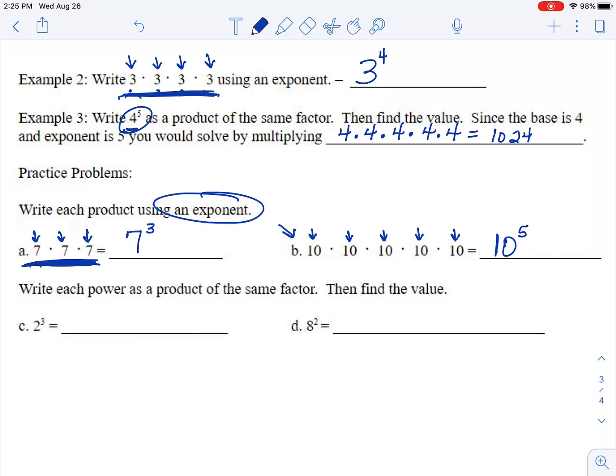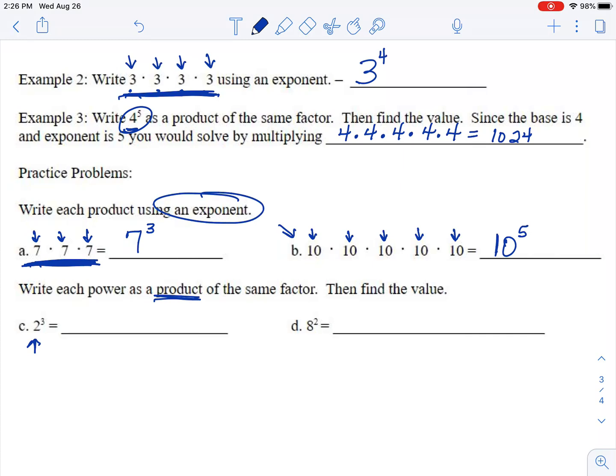All right, let's look at C and D down here. Write each power as a product of the same factor, then find the value. So it wants us to write it out. Product means to multiply. It wants us to write it out as a multiplication problem. So this 2 to the third power. 2 is my base. 2 is the big number. So that's what's going to be multiplied over and over again.